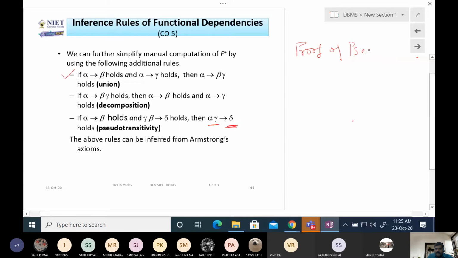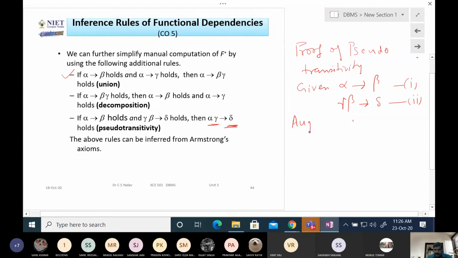Proof of the pseudo transitivity rule. So given alpha determines beta, this is equation 1, and the second one is gamma beta determines delta, this is equation 2. Then please let me know, Vineet, what will you do? Sir, we will apply augmentation with gamma on the first one.